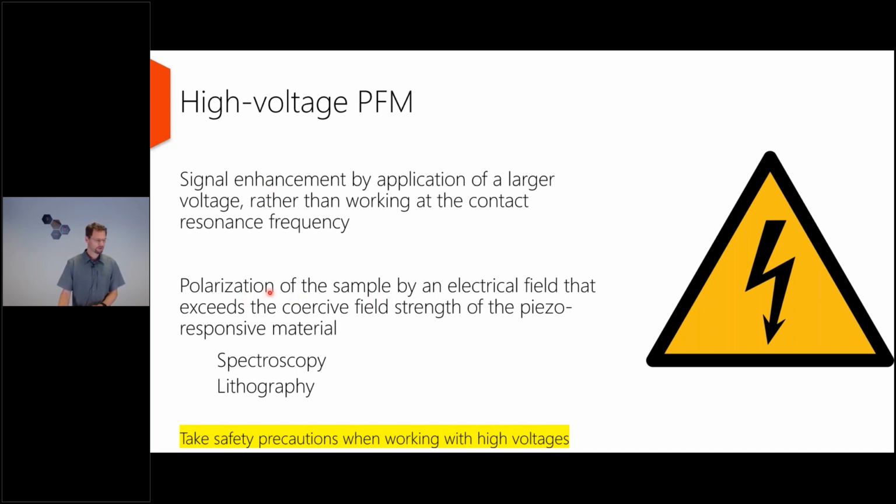And with a high voltage amplifier, you can then apply this higher DC voltage and do either spectroscopy or lithography to look at when is polarization changing, or to actually polarize your sample in a desired way.